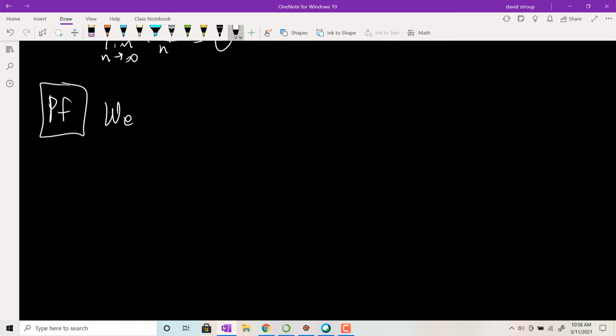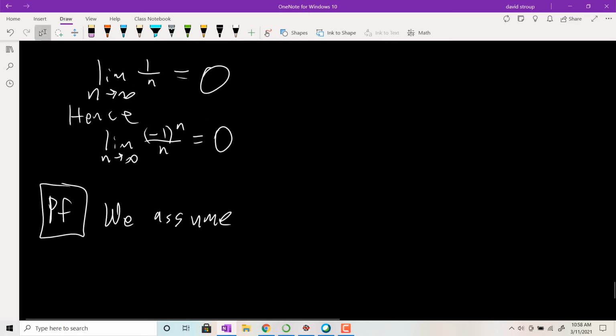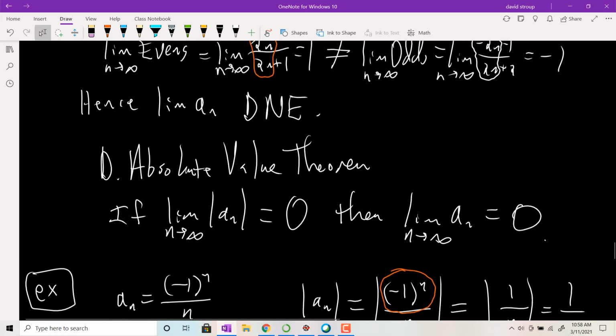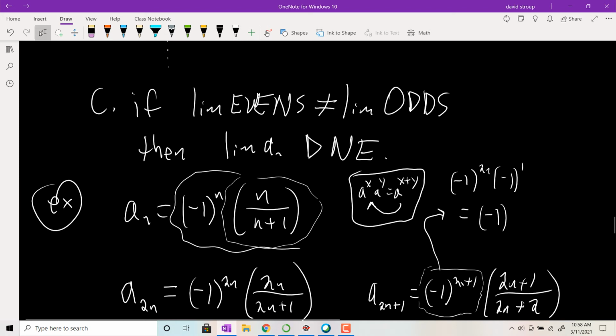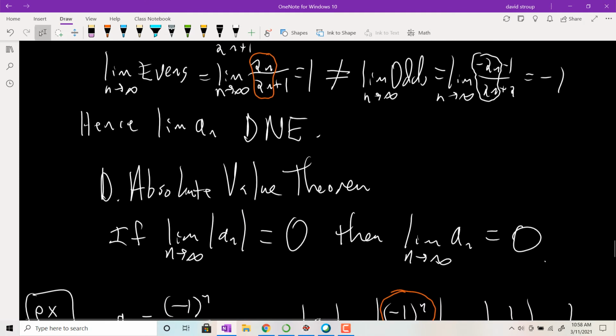So anyways, when you're doing a proof, you're trying to prove an if-then statement. What you do is assume the if part, and then you prove the then part, right?